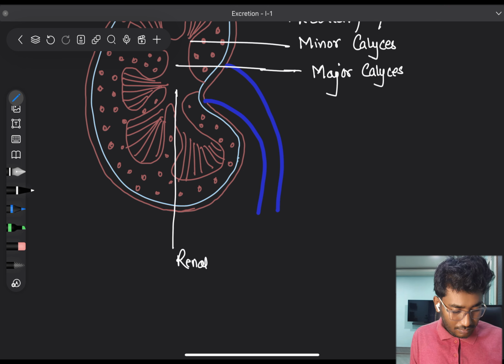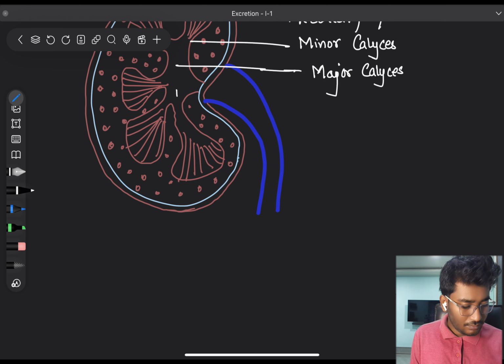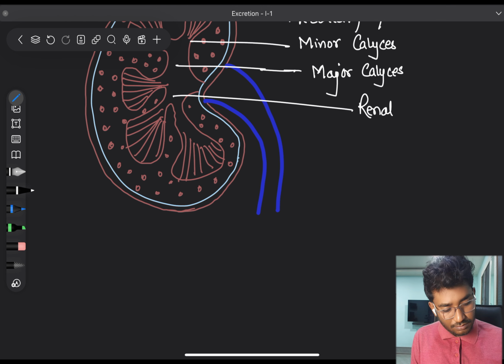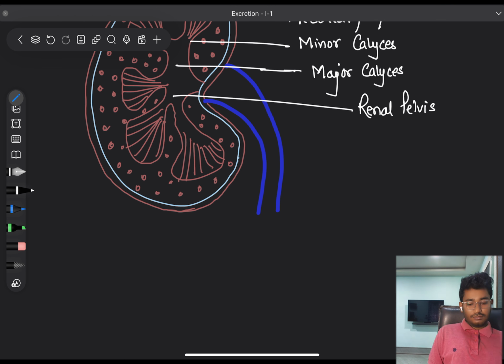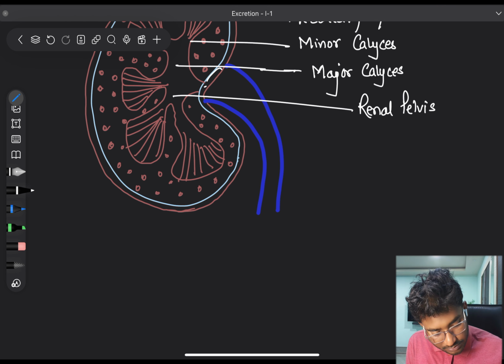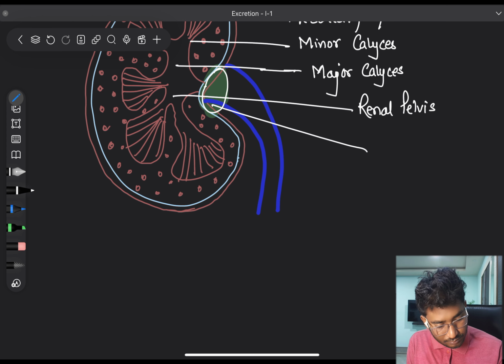This is called the renal pelvis. This portion is called the hilum.